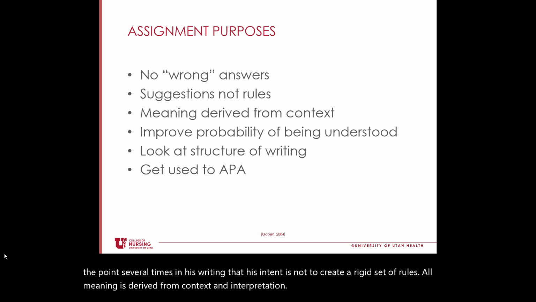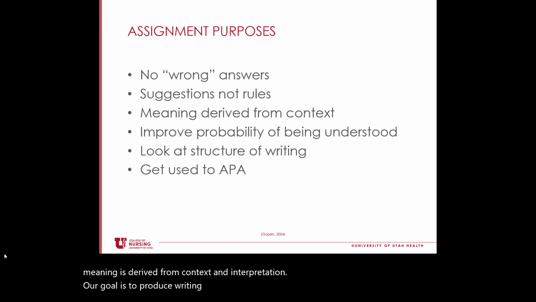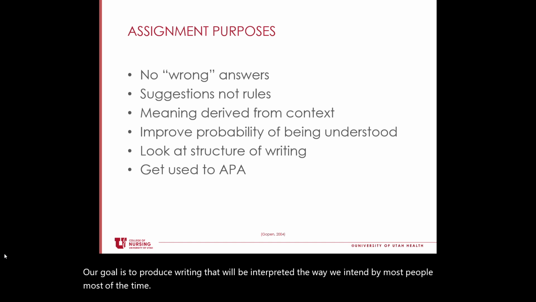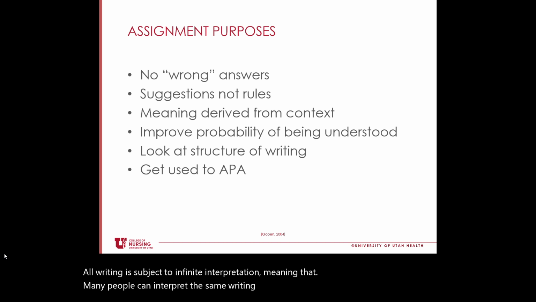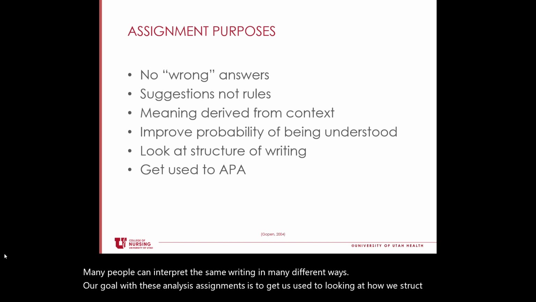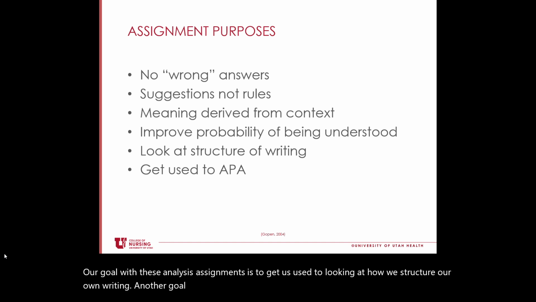Our goal is to produce writing that will be interpreted the way we intend by most people most of the time. All writing is subject to infinite interpretation, meaning that many people can interpret the same writing in many different ways. Our goal with these analysis assignments is to get us used to looking at how we structure our own writing. Another goal is to help us get used to the mechanics of APA.